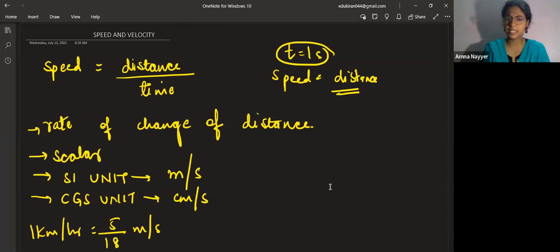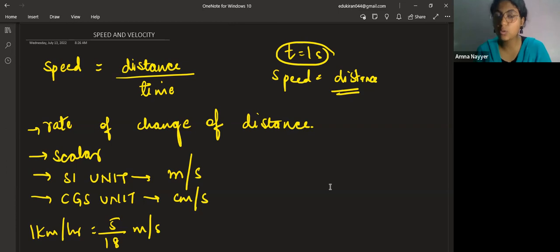When the distance changes with respect to time, we say this is speed. Calculate the entire distance divided by the entire time. That will be speed. But when I say calculate the entire displacement and divide by time, that becomes your velocity.